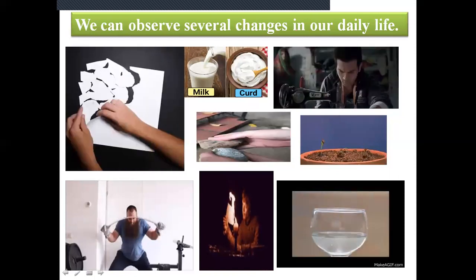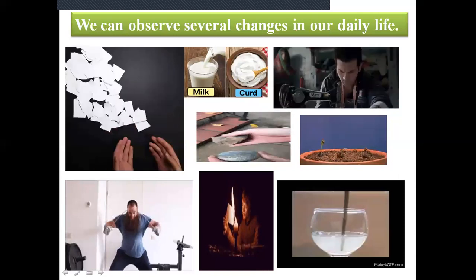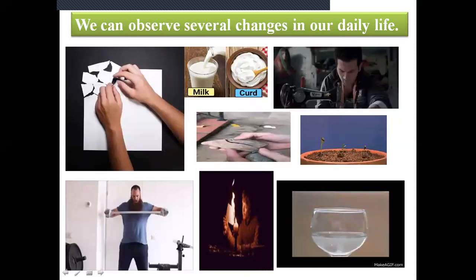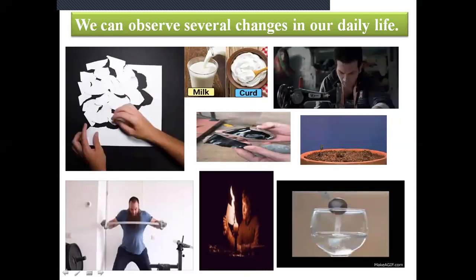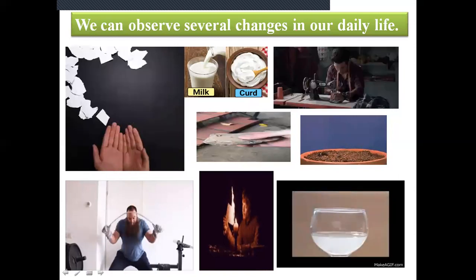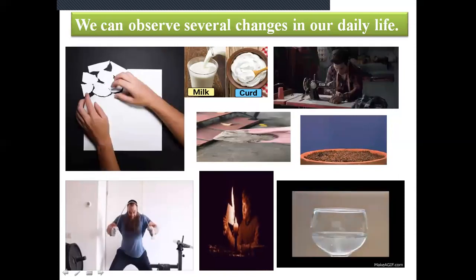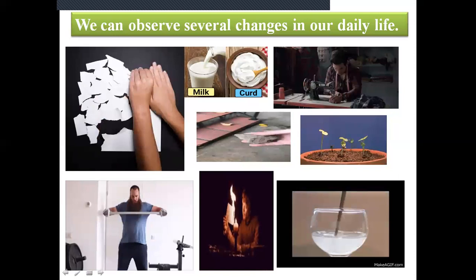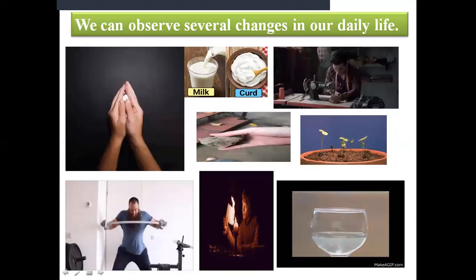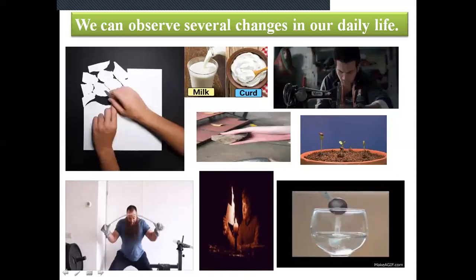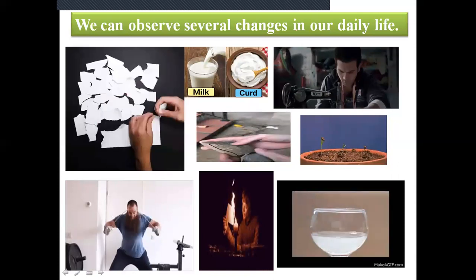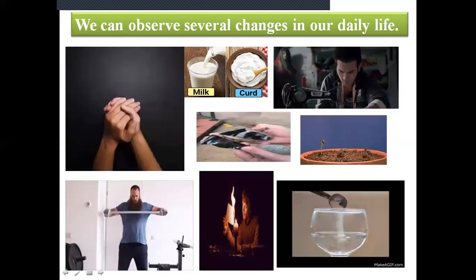It becomes brownish or blackish. This is also a change. In the last picture on this slide, you can see a person is mixing salt in water. When mixing the salt in water, the water's taste becomes different. Initially, it was tasteless. When you taste it, it becomes salty. So here also change takes place.